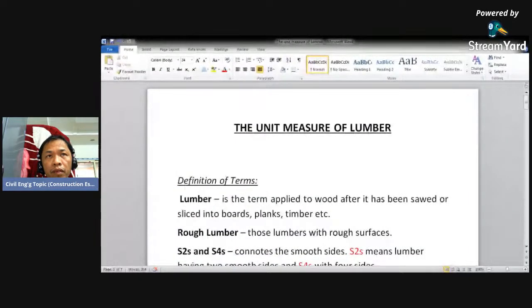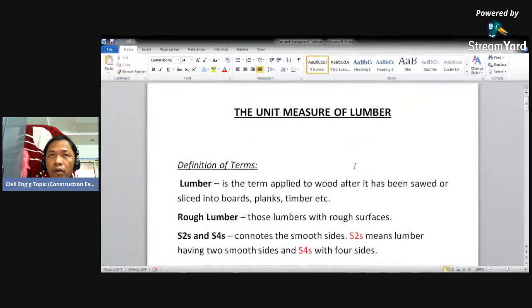So this is our topic for today: the unit measure of lumber. So what is lumber all about?